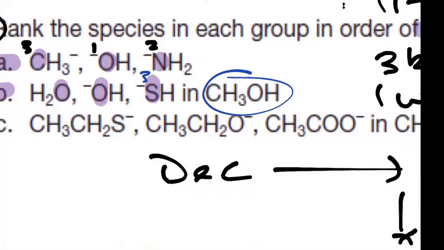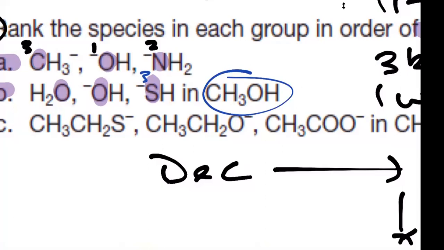And then if I have to choose between water and the hydroxide ion, which one would you pick and why? Right, one is negative and one is neutral. This we learned in part 1.